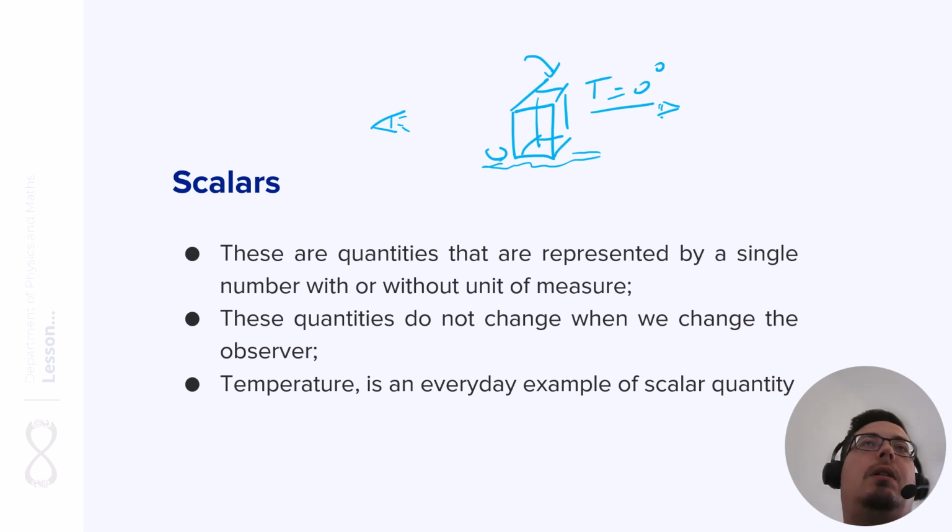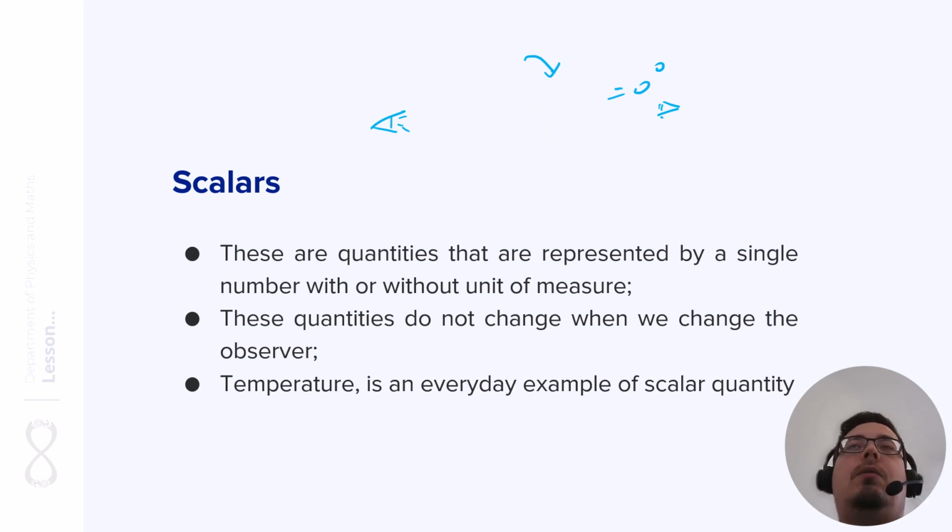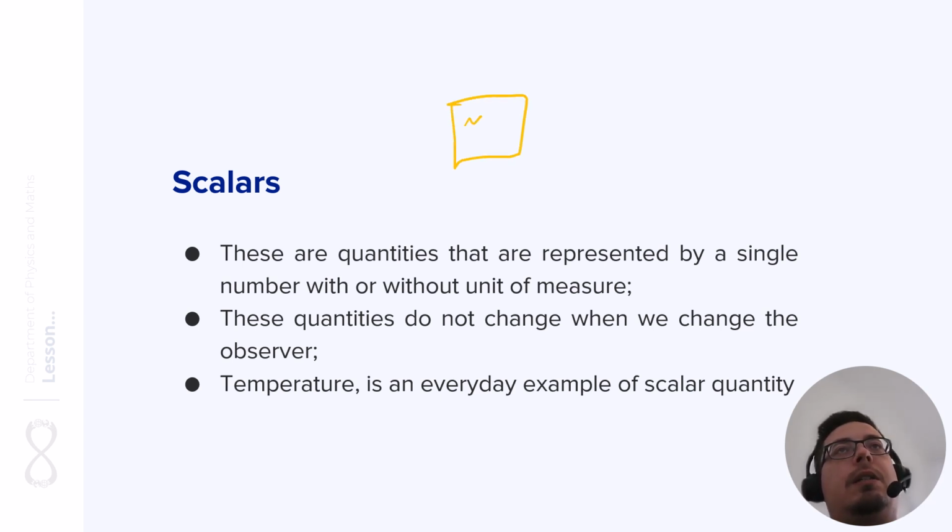Another example of a scalar quantity is a heater. Suppose you have a heater plugged into a socket, and the heater emanates warm air in many directions.